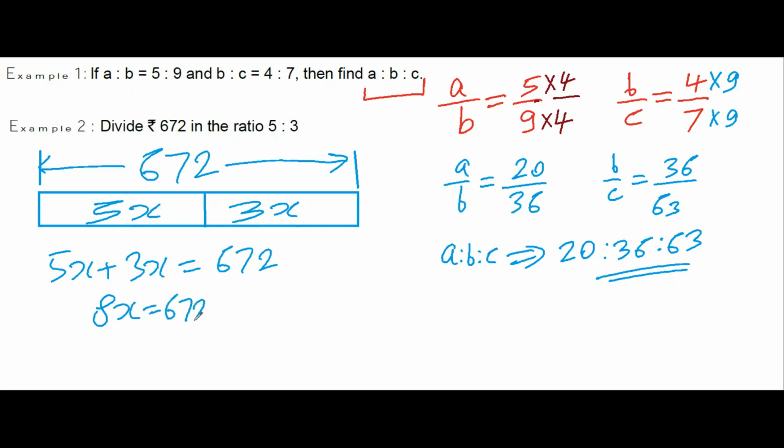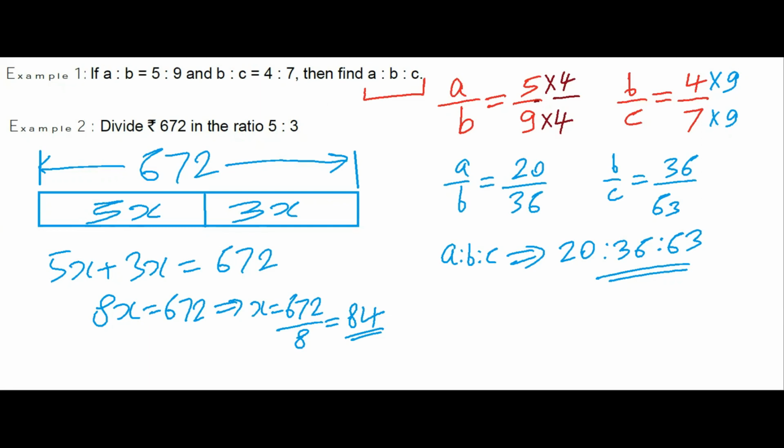8x is equal to 672, and the value of x will be 672 divided by 8. 8 8s are 64. Then you will get 32. 7 minus 4 is 3, 32. 8 4s are 32. So the value of x is 84.